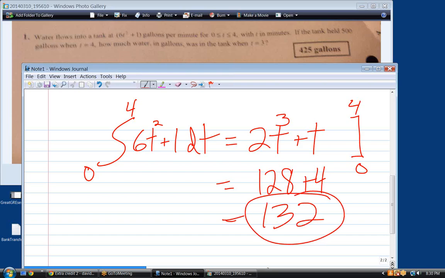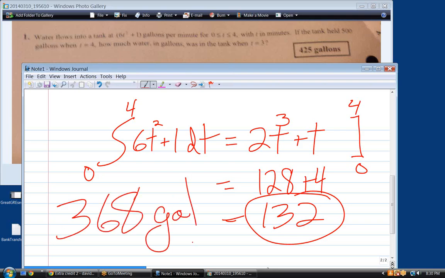So if it held 500 gallons at the end of 4 seconds, it must have started with 368. So do we even need that? No, we don't. Or maybe we do. Let's see.